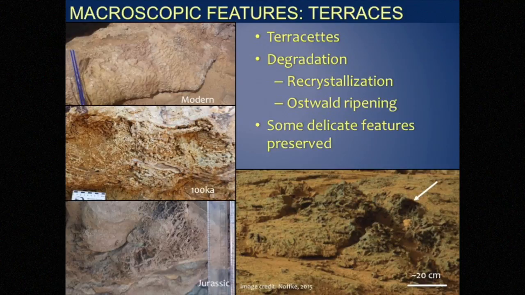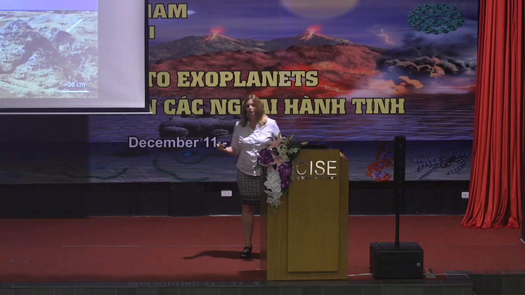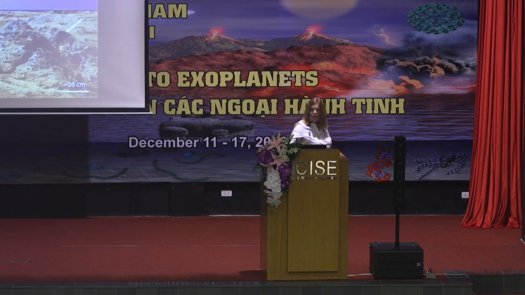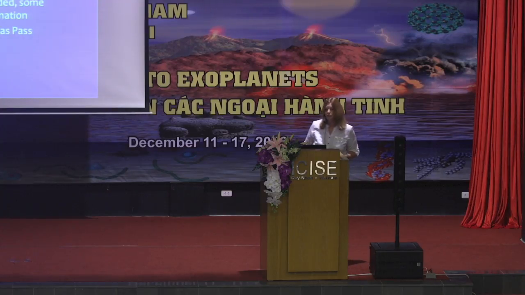Similar features on Mars. One thing is that we are seeing some degradation and recrystallization. There is a lot of Ostwald ripening going on, as this carbonate is recrystallized and becomes a little more massive over geologic time, but nevertheless, they are still being preserved, okay?